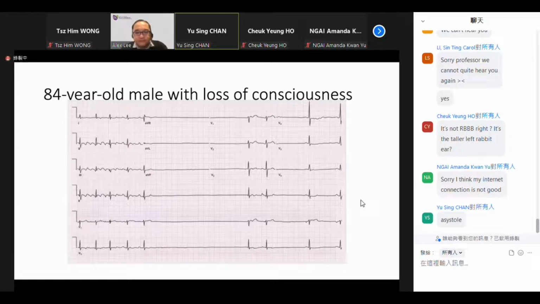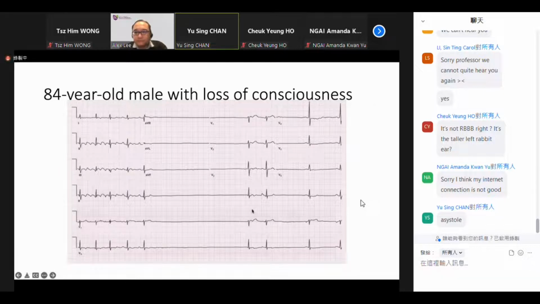Okay, so this is the ECG of this 84-year-old gentleman with loss of consciousness. I can see that there are narrow QRS complexes in the first part of the ECG, which then recovers after a period of asystole. But after the period of asystole, I think the QRS complexes are not regular, and there seem to be skip beats.